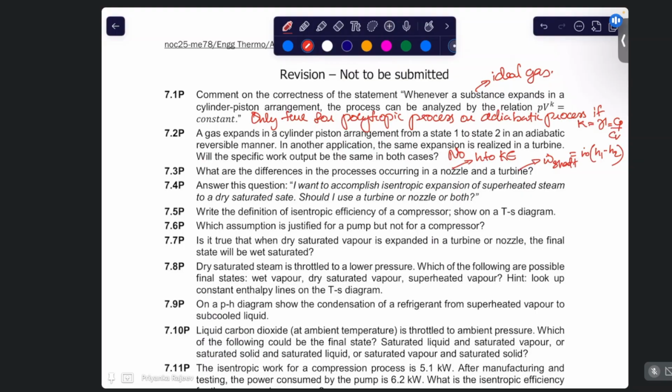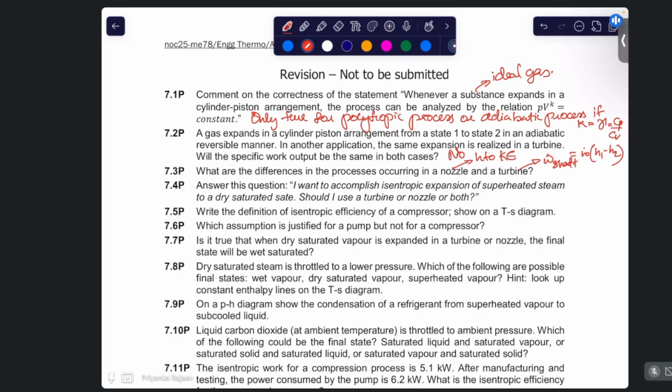But if you need high velocity flow, and you want an isentropic path from superheated to saturated, you have to use a nozzle. In short, if you want to produce shaft work and expand superheated steam isentropically, it is better to go for a turbine. But sometimes nozzles are also used as internal components inside the turbine.